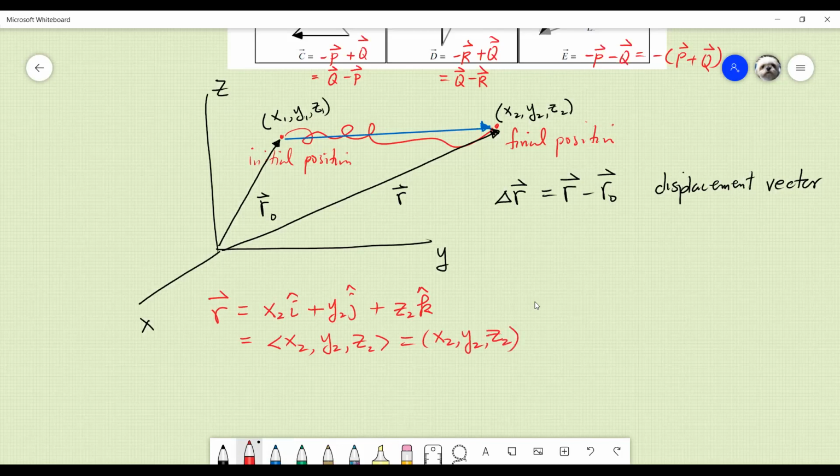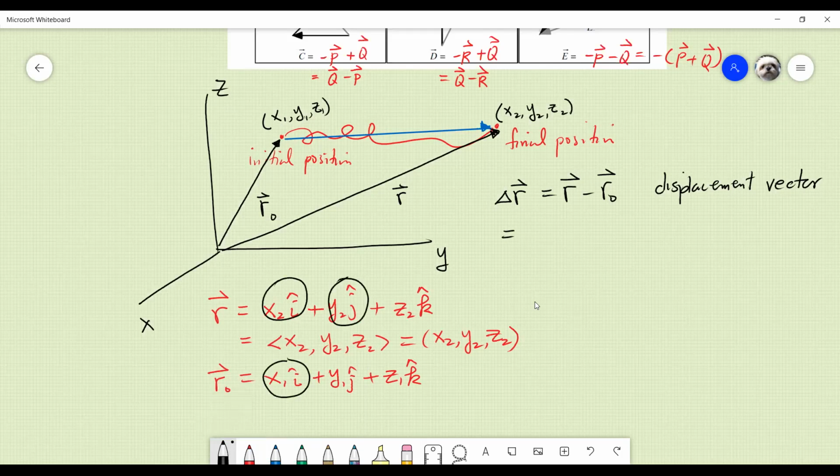Good. Now, what is R naught? R naught will be X1 i plus Y1 j, and then plus C1 k. So therefore, what is the displacement vector? Then you're going to subtract them, the same terms subtracted.